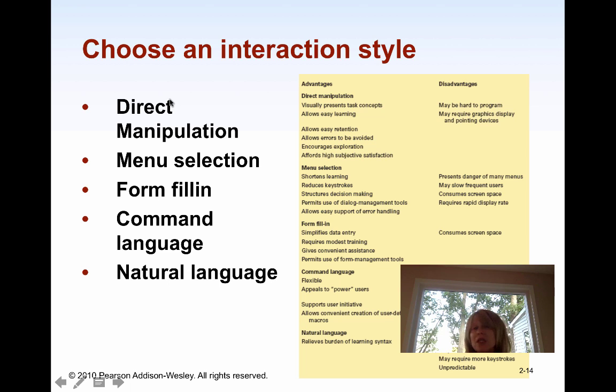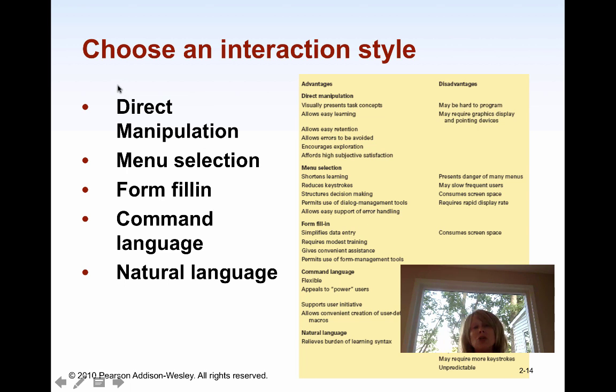Now, when we're choosing an interaction style, which is how you are going to interact with the computer, there are several different methods. One method is direct manipulation. Apple is, I think, genius at direct manipulation. It's when you take a document, for example, and you move it into the trash can.